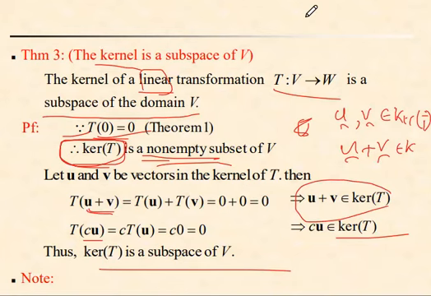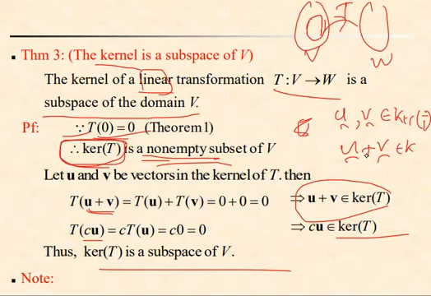So here you have vector space V. This is W. This is your map from V to W. This is your transformation, which is linear. Linear means those two conditions are met. So you can find the kernel.